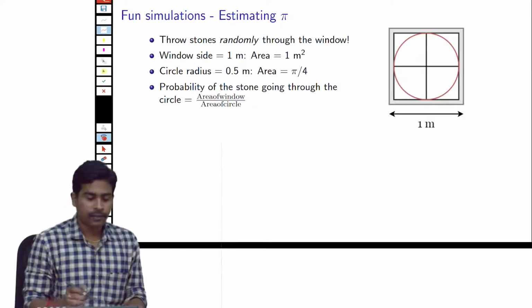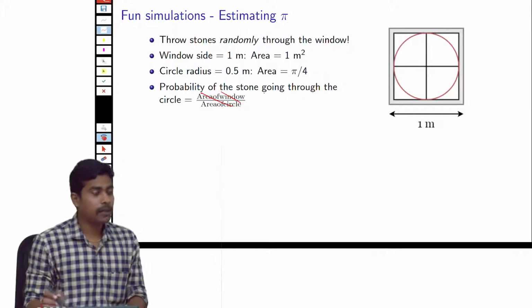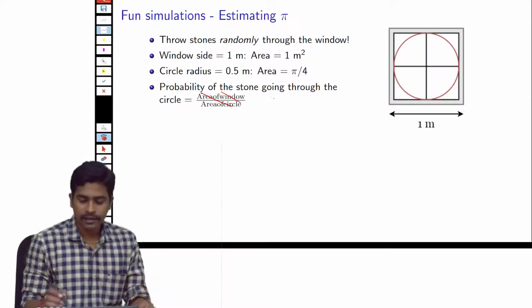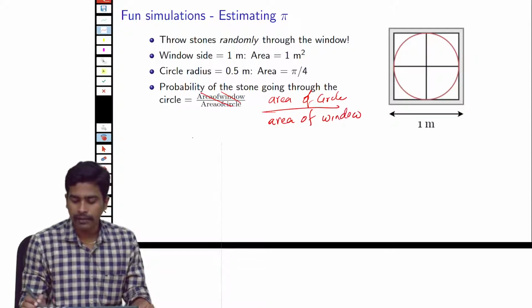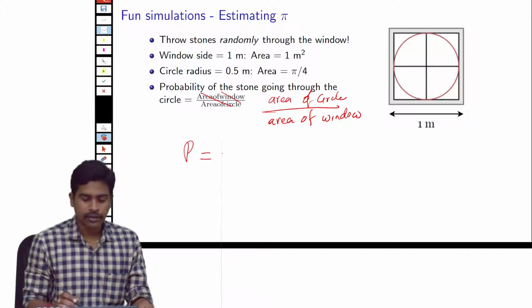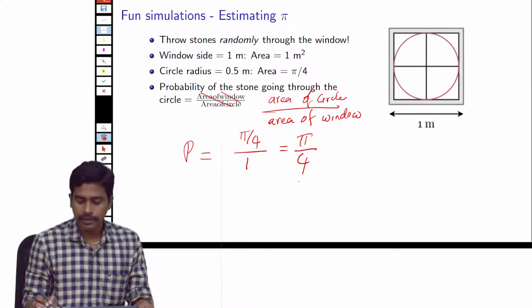From probability, the probability of the stone going inside the circle is given by the area of the circle divided by the total area, or the area of the window. So the probability is pi by 4 divided by 1, which is pi by 4.